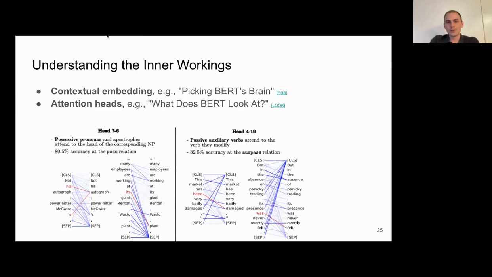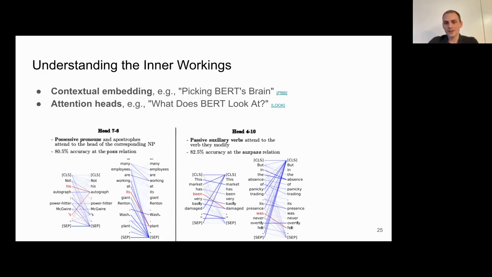What people would do is look into the model and see by which part of the sequence an internal representation is being most influenced. So you could say, my embedding of, I don't know, the mechanic is being influenced by some adjective that's in front of it, these types of things.